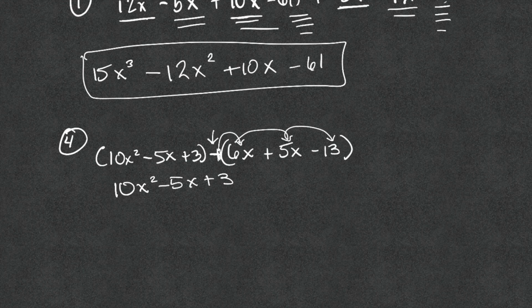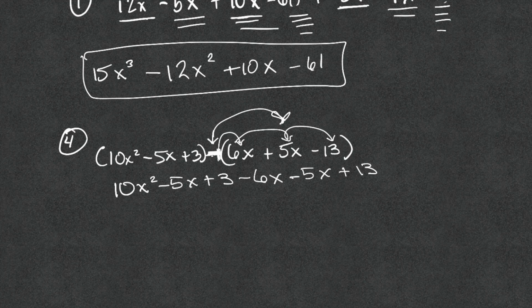Okay. Now the negative has to be applied to the 6x, so -6x. I need to flip the sign of the 5x, so -5x, and that would be a positive 13. So everything in this second polynomial, when subtracting, the sign is flipped. From the beginning, you can see this becomes a -6, becomes a -5, and a positive 13.